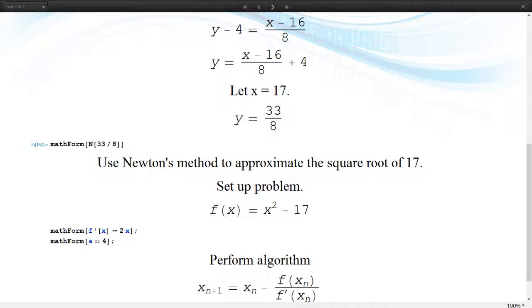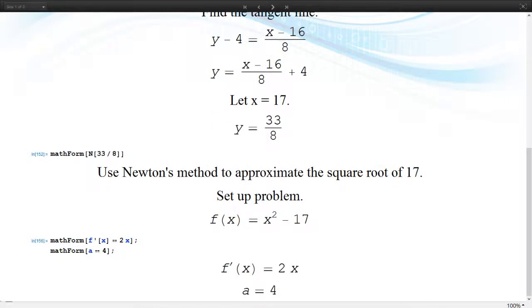Anyway, so we make our guess. We pick a as 4 because we know the square root of 16 is 4, and 16 is close to 17, so 4 is a pretty good guess to start off with. And that's how we start.